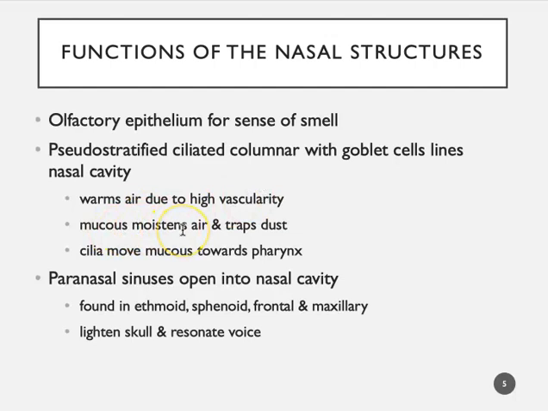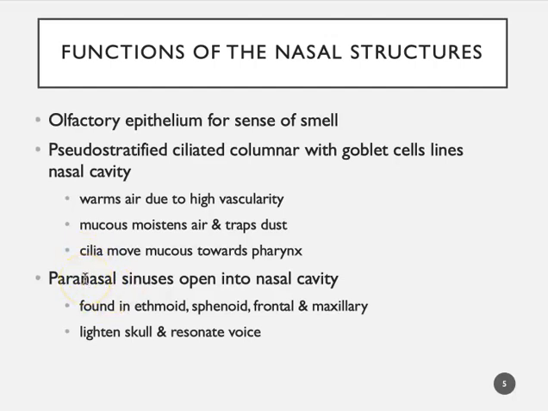The mucus, again, traps dust, as well as helps moisten the air. And then the cilia are going to move all that mucus back toward the back of the throat, where you then swallow. And then again, the stomach acids would digest any of the mucus or any of the foreign microbes that are trapped in it.